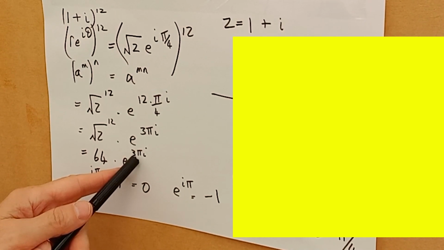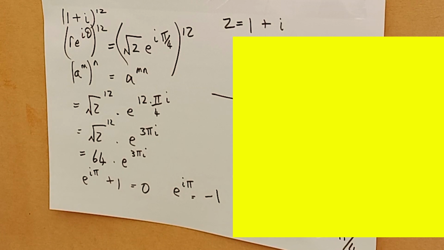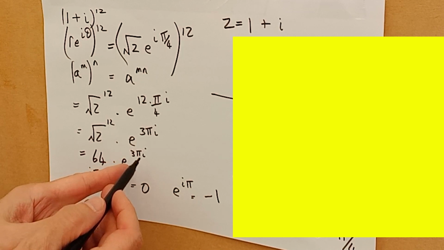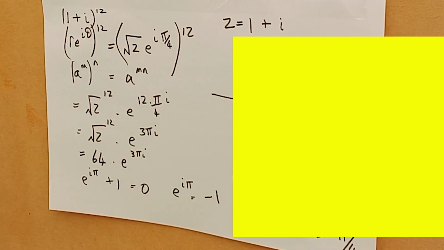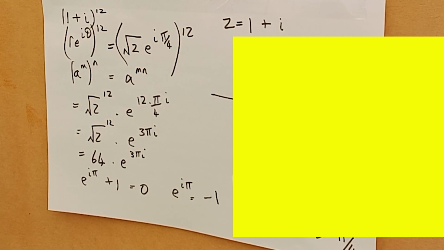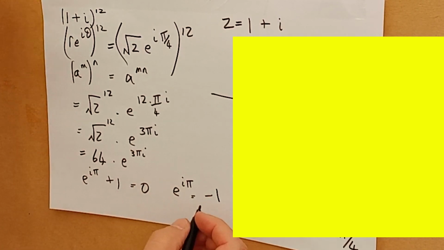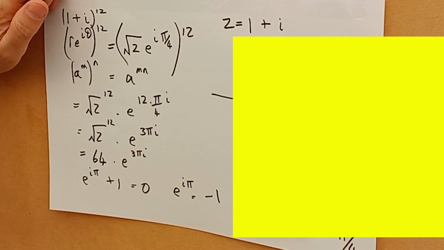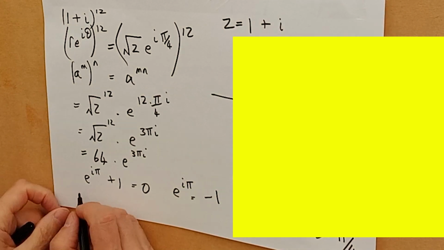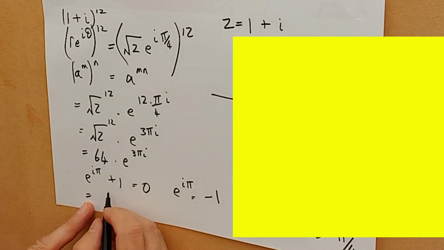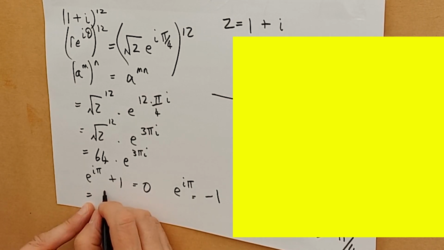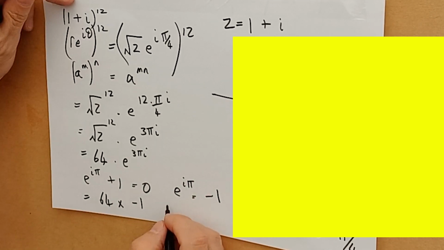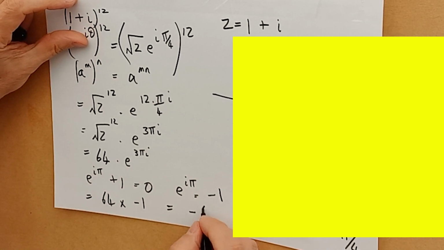Yeah, we've got e to the i pi to the power of 3. Minus 1 to the power of 3. Minus 1 to the power of 3 is minus 1 times minus 1 times minus 1, which is minus 1. So e to the 3 pi i is minus 1. So we've got a final simplification of 64 multiplied by minus 1, which is minus 64.